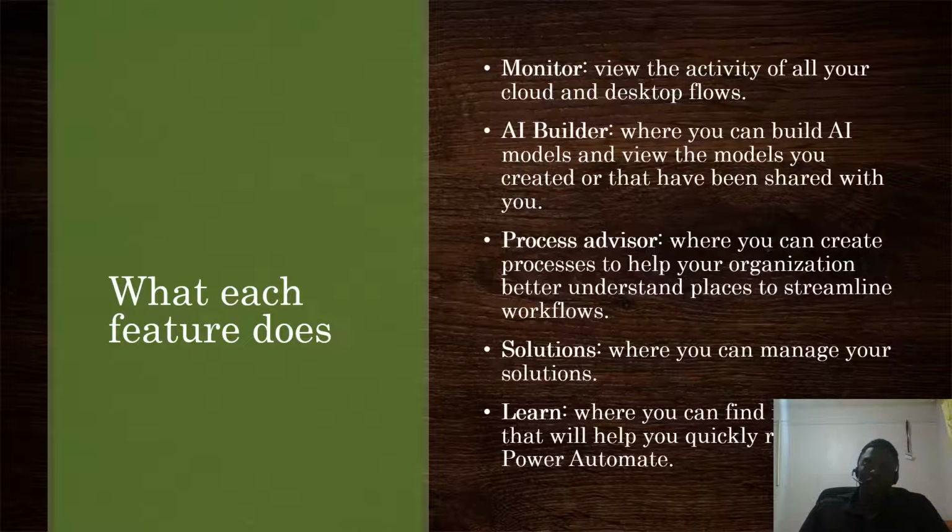We also have the Monitor. At the Monitor, this is where you view the activity of all your cloud and desktop flows. You also have the AI Builder. This is where you can build AI models and view the models you created or that have been shared with you. There's also the Process Advisor.